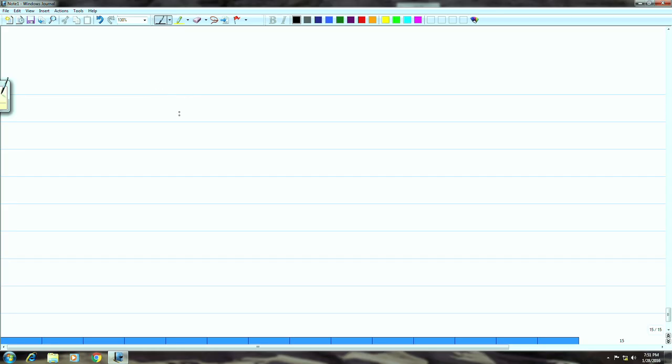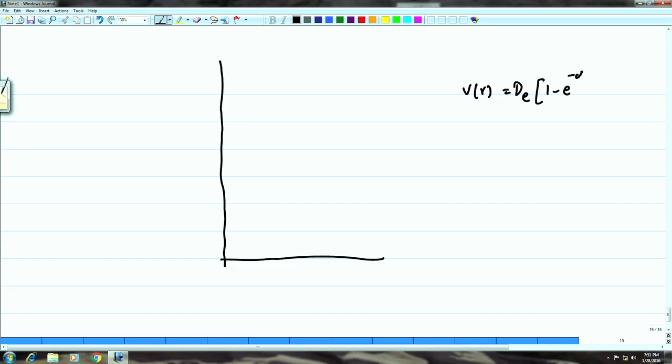Now, if you plot V of r as a function of r, it is D_e times 1 minus exponential of minus alpha (r minus R_e), whole square.